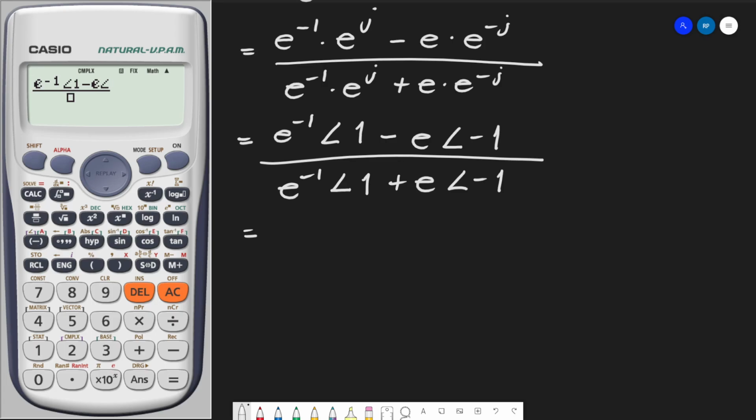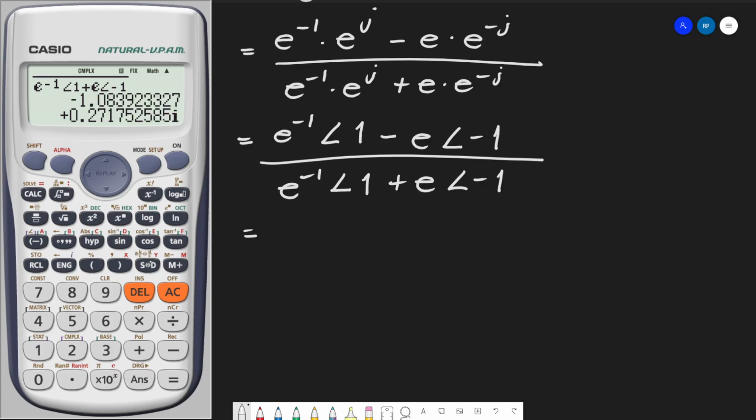Or pwede rin naman, kung sanay na kayo doon sa exponent, lagay nyo na lang 1. Pero wag nyo ilalagay 0 kasi 1 lang lalabas doon. Okay, so we have negative 1 over e raised to negative 1 angle 1 plus e angle negative 1.